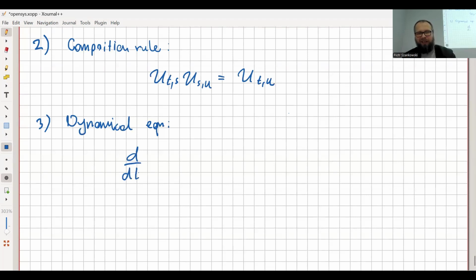If you take the von Neumann equation and just strip it of the density matrix, you get the equation for U itself, just like with the Schrödinger equation, with initial condition identity.